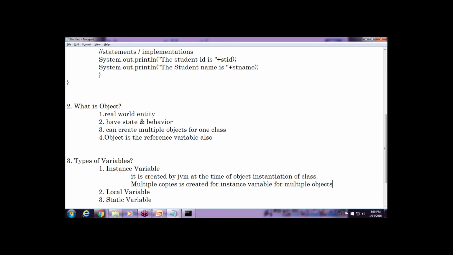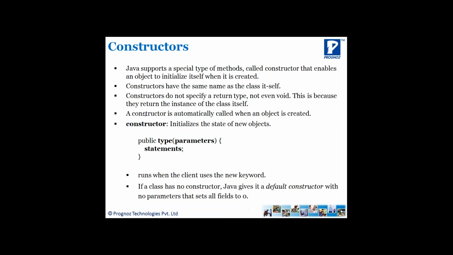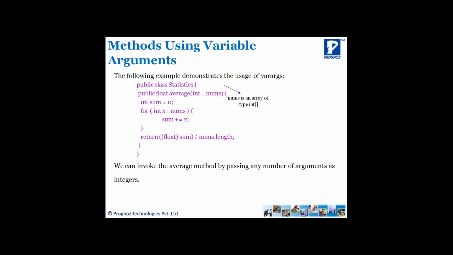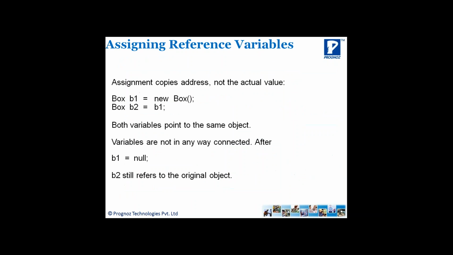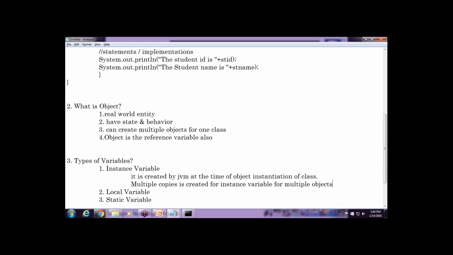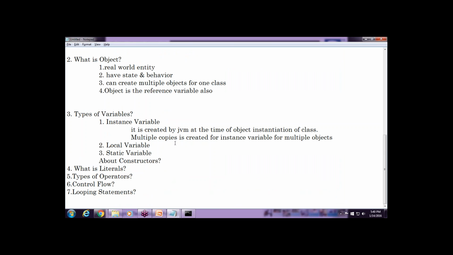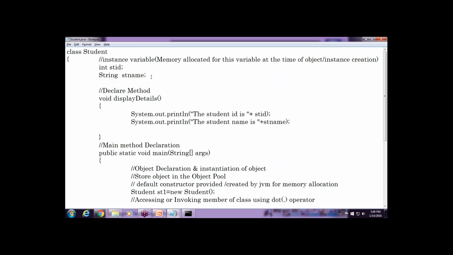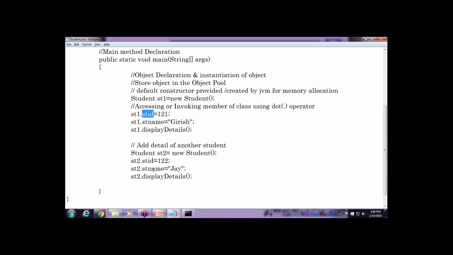How can we say this properly? Let me go over here. For a single object, here I created one object, and the memory is allocated. Here one copy of student ID is created, and here also the student ID of student 2 is created. That means one copy here and one copy here. For multiple objects, multiple copies are created for an instance variable.